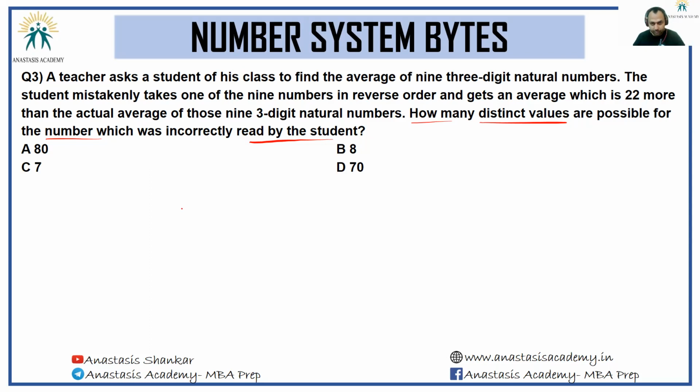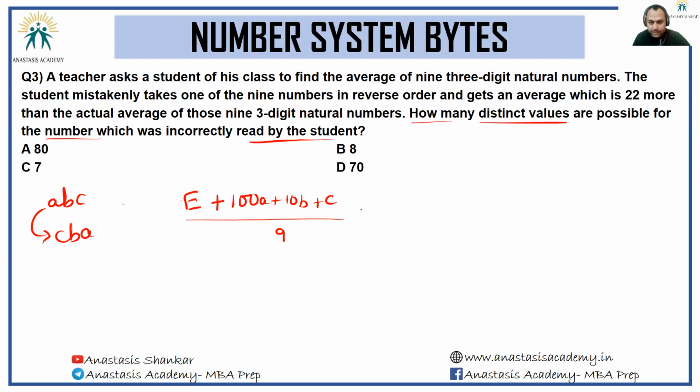Let's see. First thing to notice, there were 8 numbers that were correctly read. So I'm saying for those 8 numbers, E, plus the number that is ABC, it was erroneously read as CBA. So the actual average should have been E plus 100A plus 10B plus C, whole thing divided by 9.